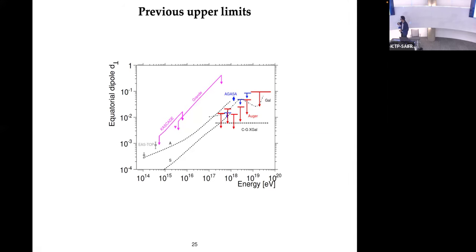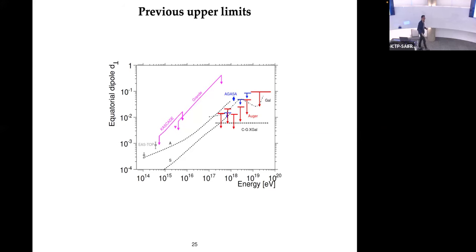And that distribution will have an amplitude that is related to the equatorial dipole as a function of energy. So you see a bunch of upper limits everywhere across the plot, and a single positive detection of Agasa.